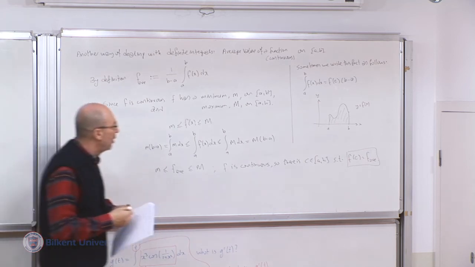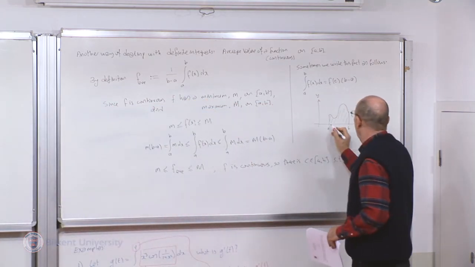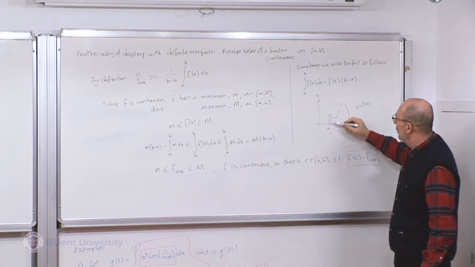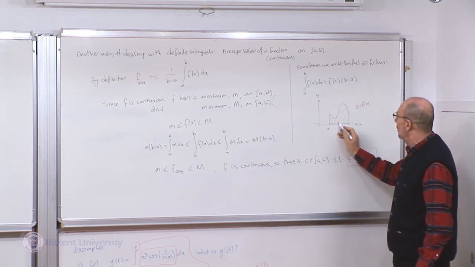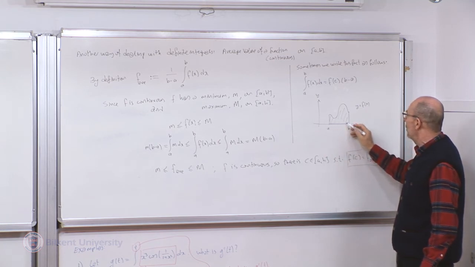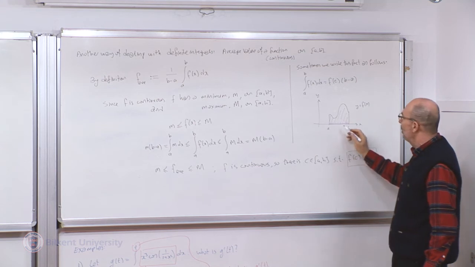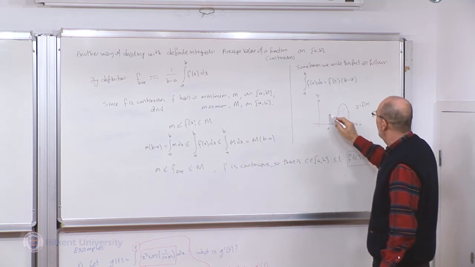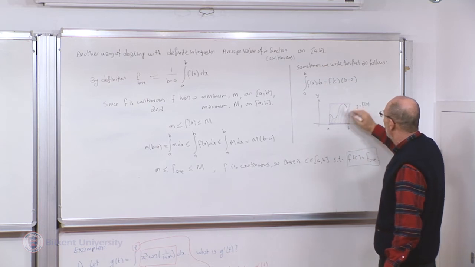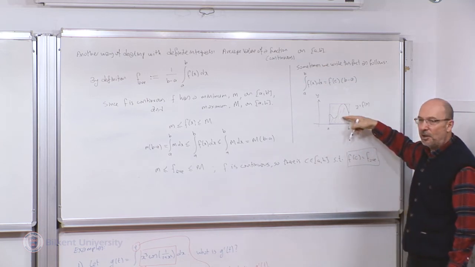Now take this side, b minus a, and take some height here. This area, you see, is less than this one. So increase this height. If you come, for example, here, then all this height is larger than this shaded area.